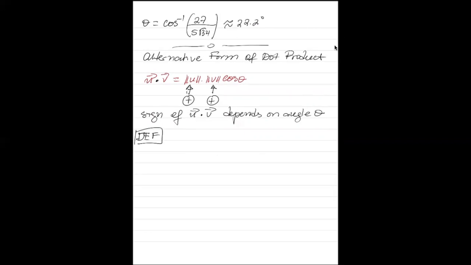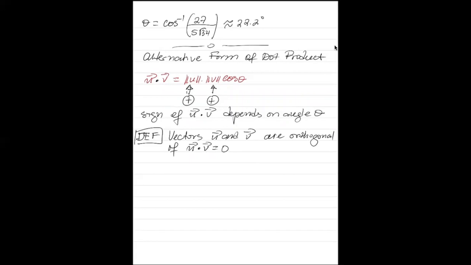So we have a definition for two vectors that are orthogonal. We say the vectors u and v are orthogonal if the dot product of u and v is 0.